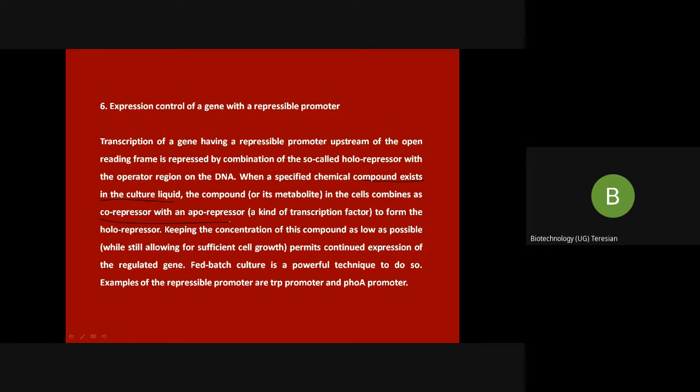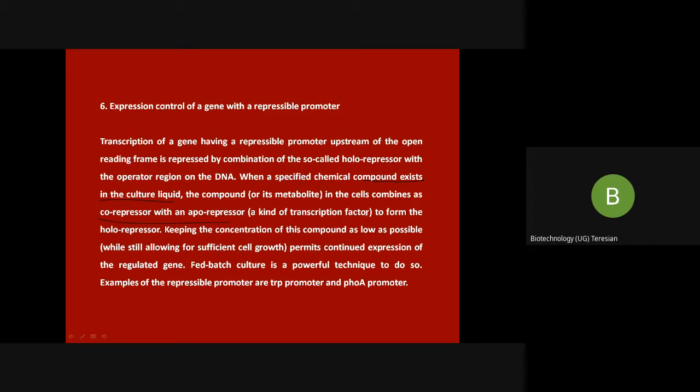What it does is combine the co-repressor with an apo-repressor. What are these co-repressor and apo-repressor? They are transcriptional factors. The co-repressor and apo-repressor, formed by the chemical compound present in the culture liquid, form the holorepressor.